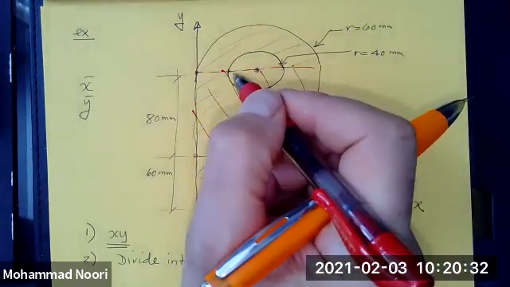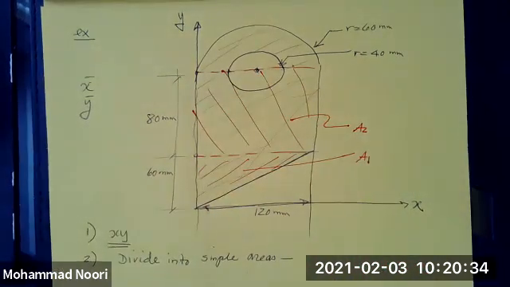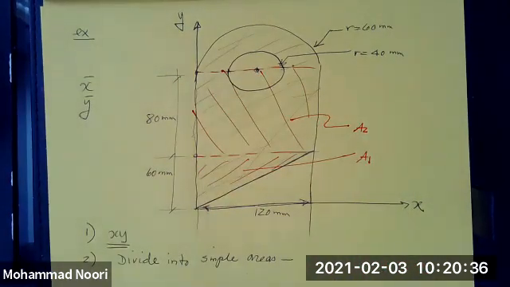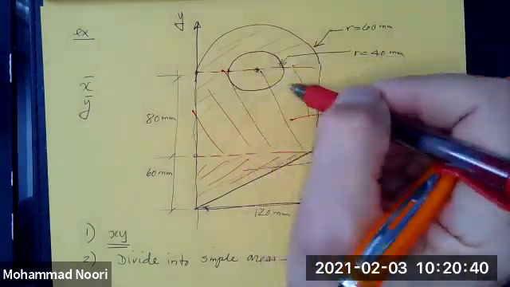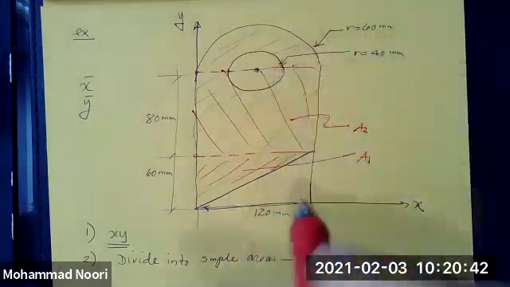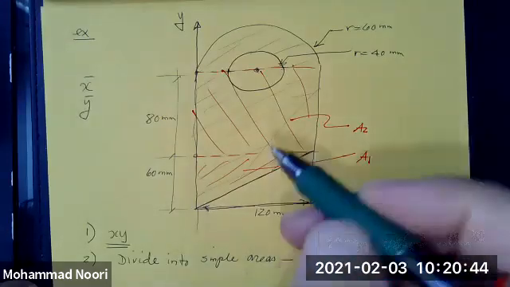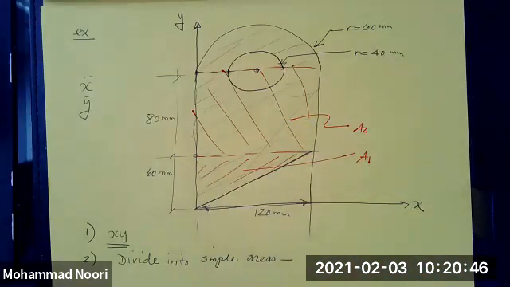I have, of course, a choice here. I could consider this as one area and this as one area, but intentionally, since I want to demonstrate how you can take into account the location of a half circle, I divide this way.